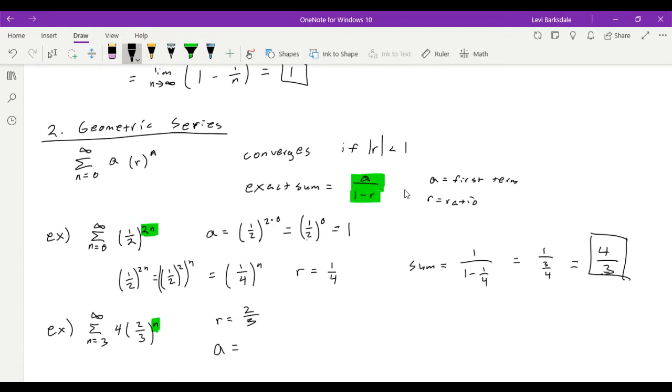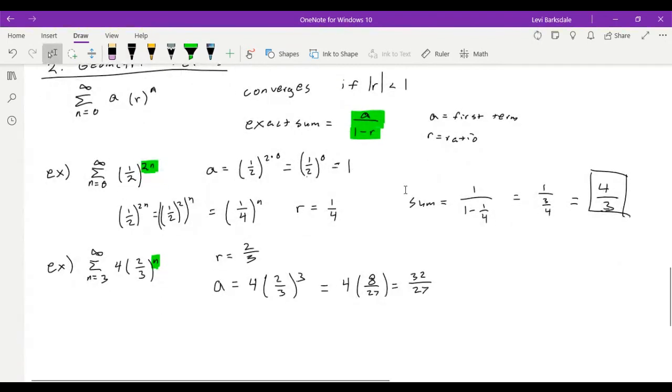A is going to be our first term. So our first term is where n is equal to 3. So we simply plug in 3 for n, and we get that a is 4 times 2/3 cubed, which gives us a first term of 4 times 8 over 27, which gives us 32 over 27.